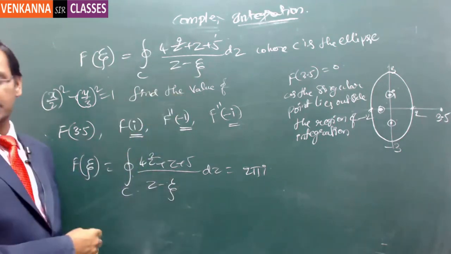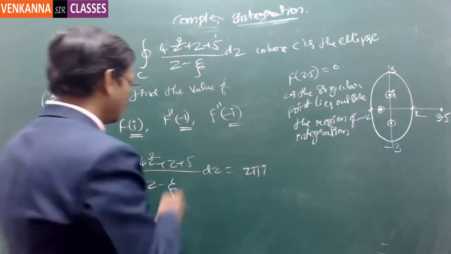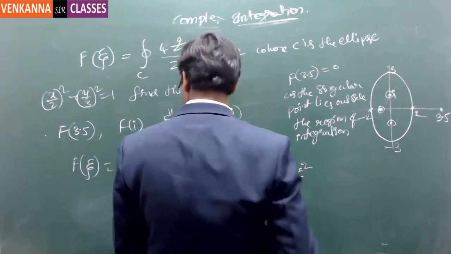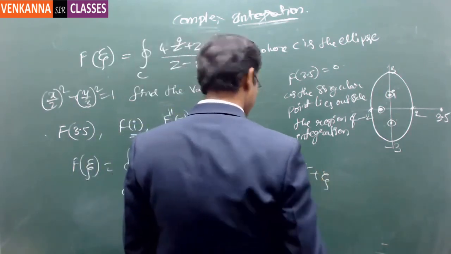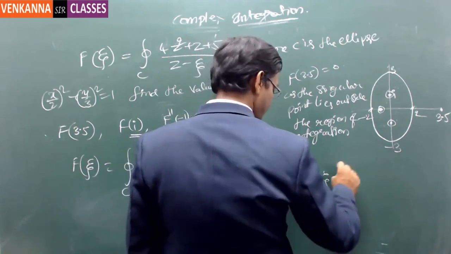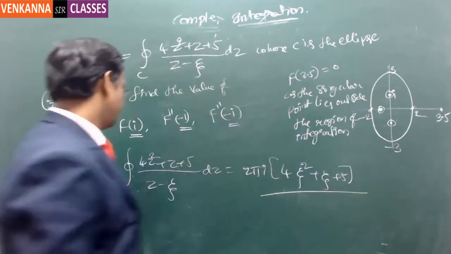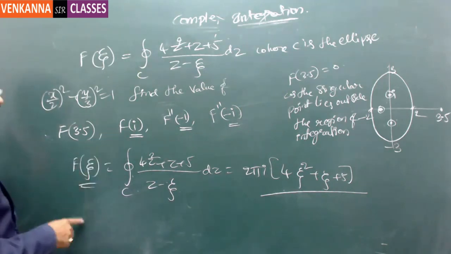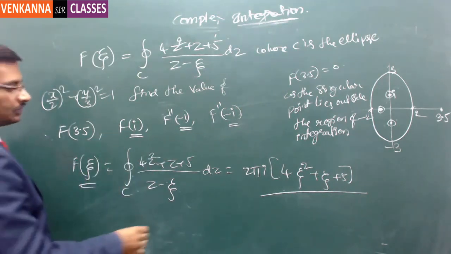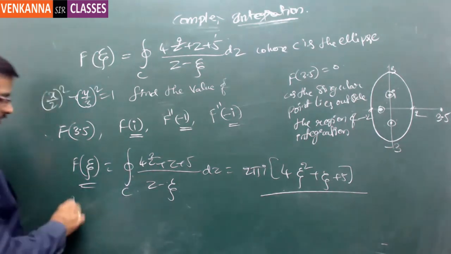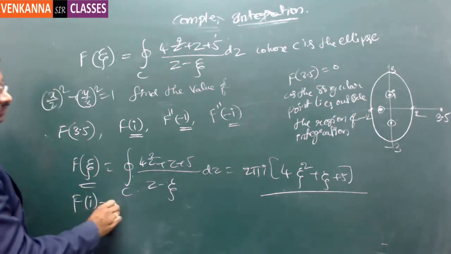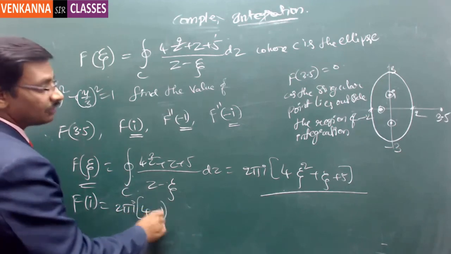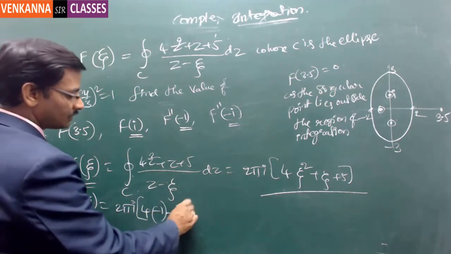So you can replace this with 4 times xi square plus xi plus 5. This is f of xi. So f of i is equal to 2 pi i times (4 times i square, which is minus 1, plus i plus 5).